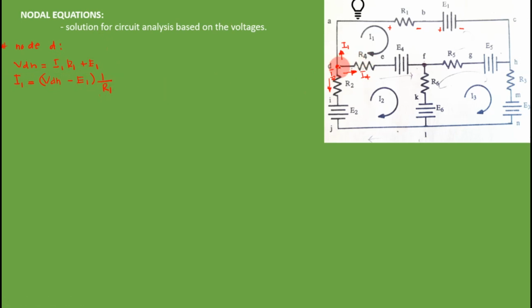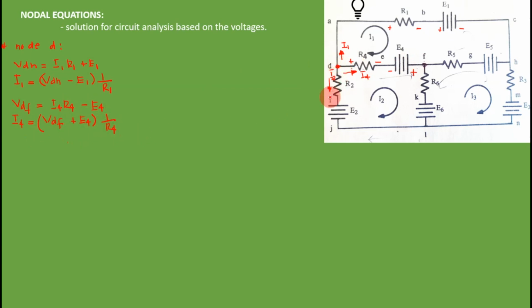For another branch DF, V sub DF is actually this one. This is again going through this resistor. This is negative, again this is negative, and this is positive. The equation in voltage is I4 times R4, and this one is negative, so this will be negative E sub 4. Again, I can solve for my I4 here, and it will give me V sub DF plus E sub 4. This will be multiplied by 1 over R sub 4, algebraically manipulated.